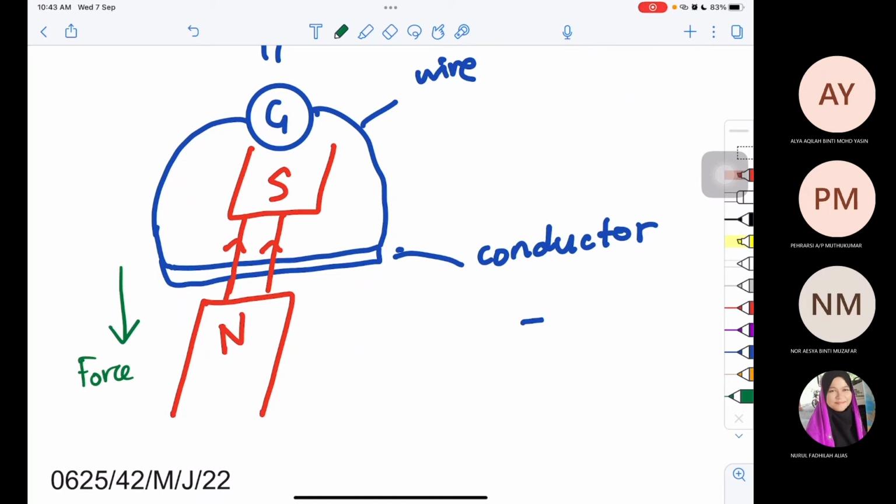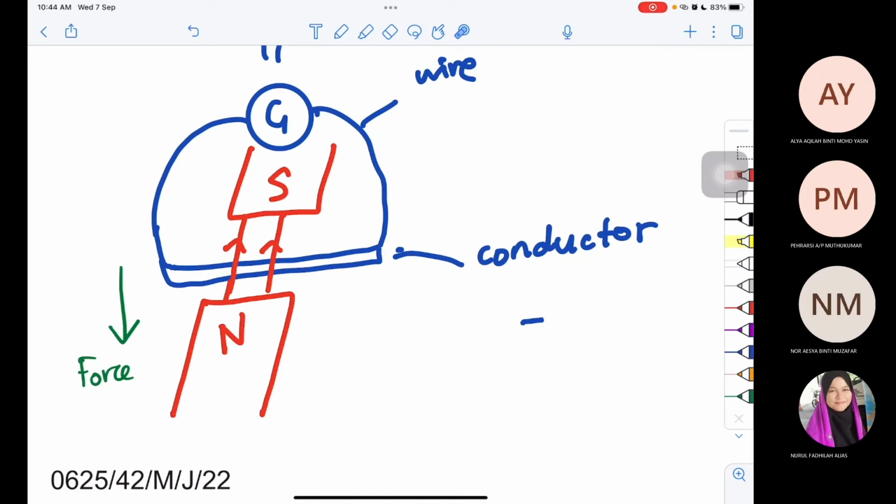So barulah you gunakan right hand grip rule. Jadi your thumb will be pointing down. Thumb pointing downward. Sebab thumb tu force kan. And then current you tak tahu arah mana, tapi you punya index finger pointing to south. So current kita on the conductor right now, semua orang tengah buat ke? Kalau you all tengah buat sekarang, conductor a direction of current to the right of my screen ataupun your screen ataupun to the left of your screen.